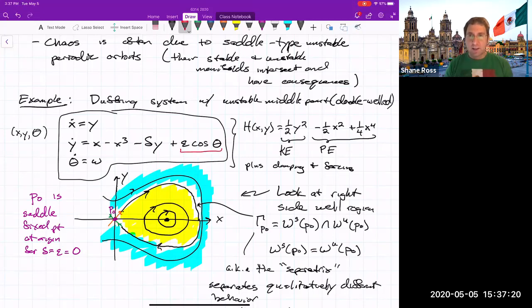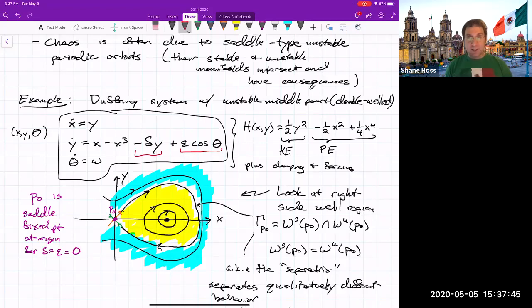Epsilon is the amplitude of the forcing. Think of the marble in the cart: this is the amplitude related to how much we're moving the cart back and forth. Cosine theta would be cosine omega t, the time dependent sinusoidal part. When epsilon is 0, we've got no forcing. When delta is 0, we've got no damping. And that's the situation we'll look at first.